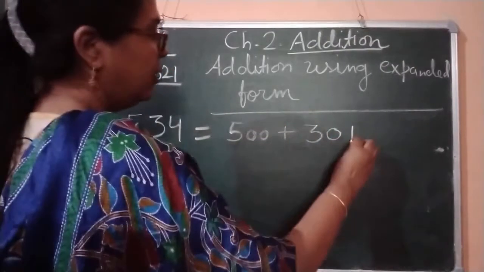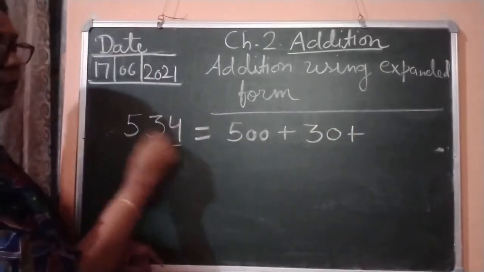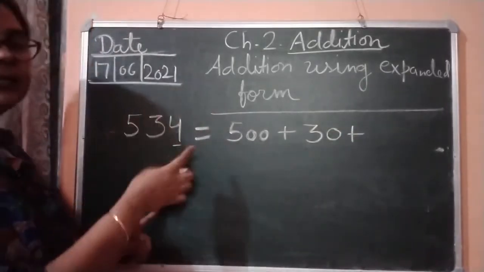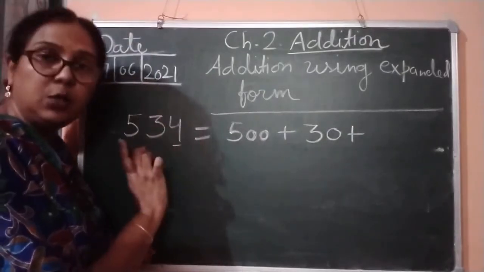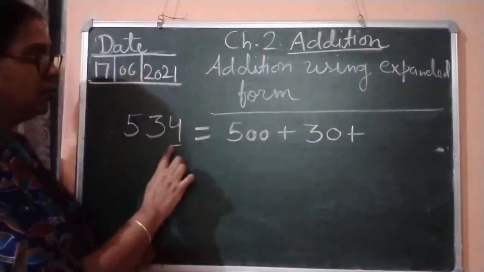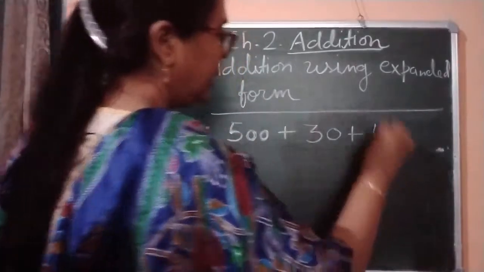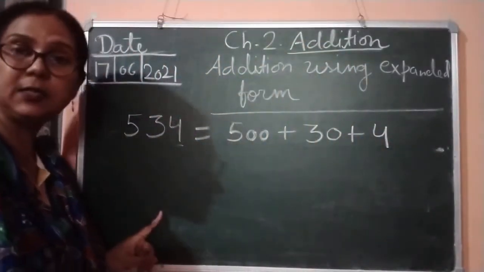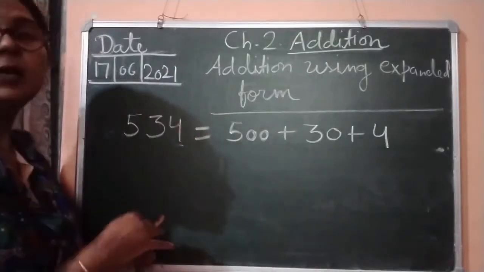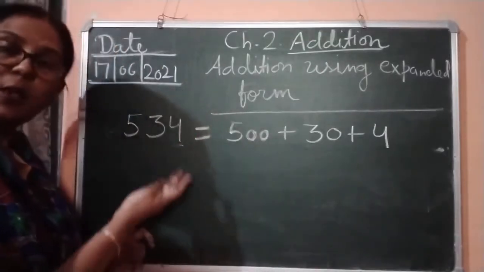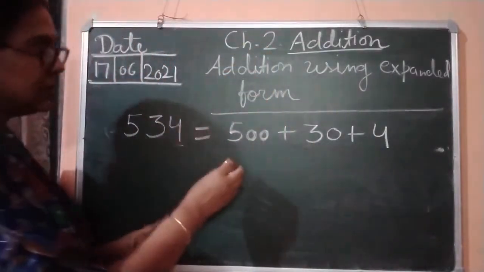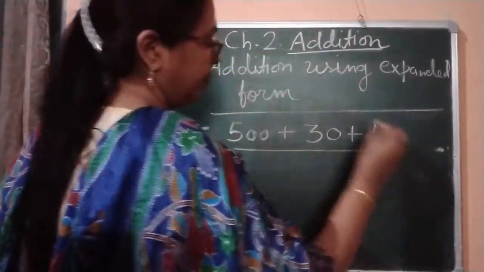And after that what is left? That is 4. 4 is at the ones column, no number is after that. We are not going to add any 0 because no number is behind this, and this is ones place, that is why we will write 4. So this is called your expanded form.